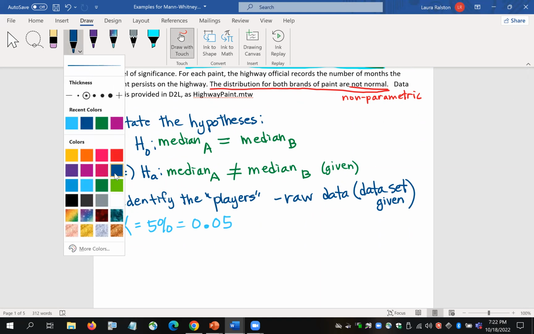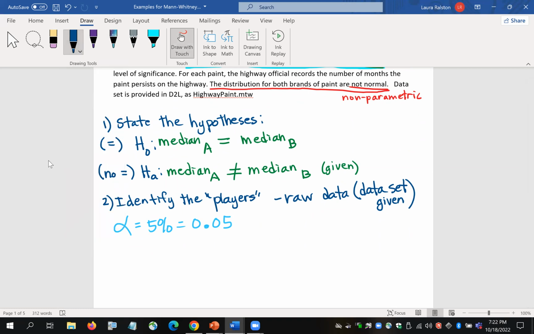Third step in the hypothesis test, which hasn't changed, is we calculate the test statistic. And it's going to seem weird, but the test statistic here is a W. Remember that Mann-Whitney U is also called Wilcoxon ranked sum.